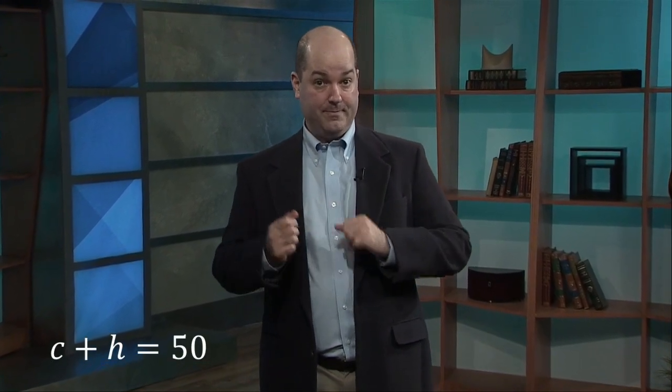Now, how would we approach this as an algebra problem? Well, we'd probably begin by defining some variables to represent the number of chickens and the number of horses. Let's use C to represent the number of chickens and H to represent the number of horses. Since there are 50 animals in all, we can write the equation C plus H equals 50.